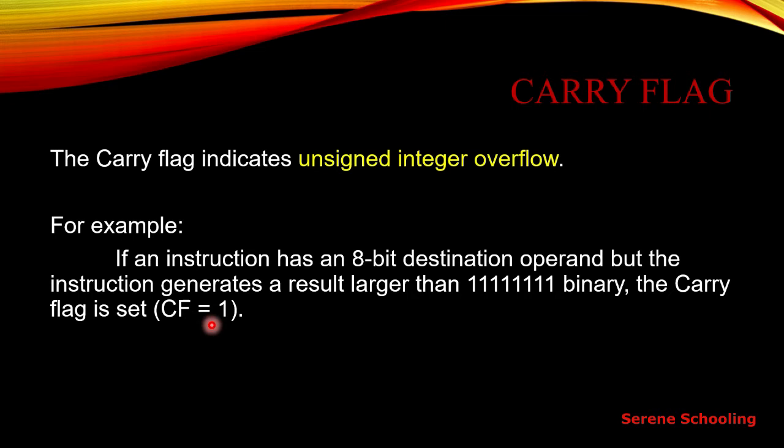Okay, so it's quite simple, I guess, that we have to know at how many bits the destination is going to store. Like in an 8-bit destination, the range is only from 8 zeros to 8 ones. If there is any value greater than this, then an 8-bit destination cannot store such a result. In that case, the carry flag is signaling us that an unsigned integer overflow has occurred.